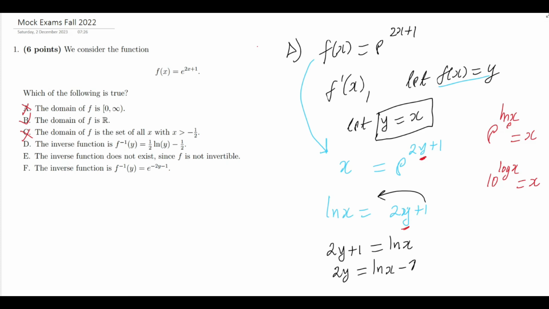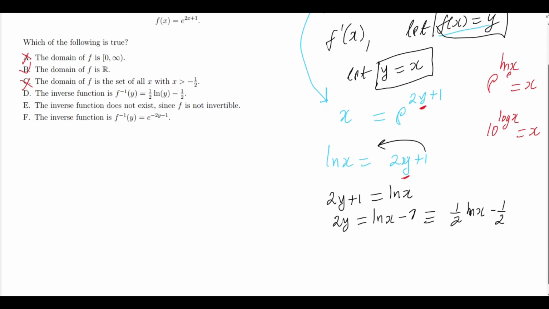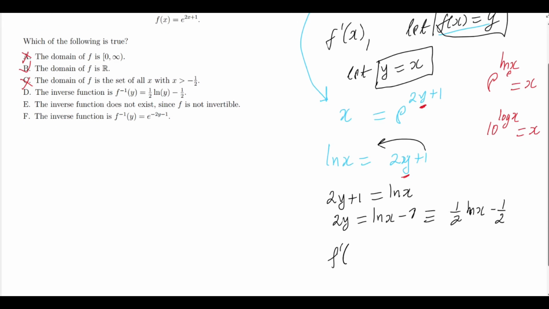Dividing all through by 2, we have a half ln of x minus a half. Now remember, we said initially that f of x is y and y is x, so we are simply going to replace that. So our f inverse of y will simply be equal to a half ln of y minus a half. Now this is our solution.